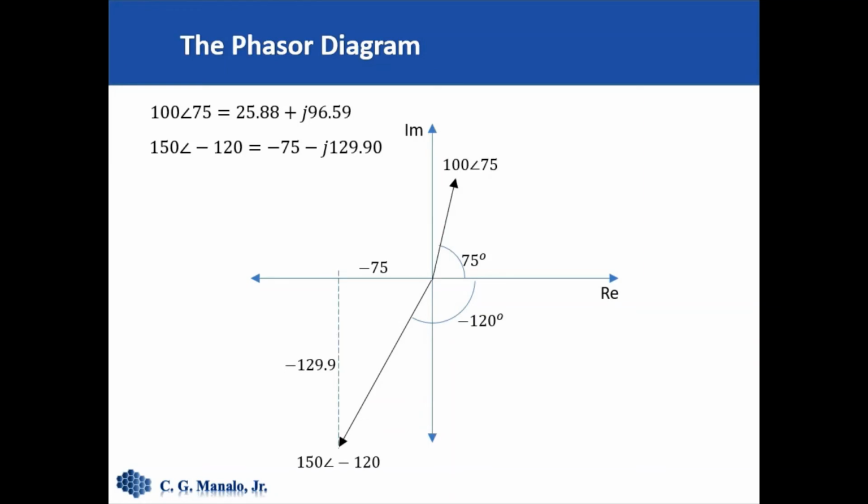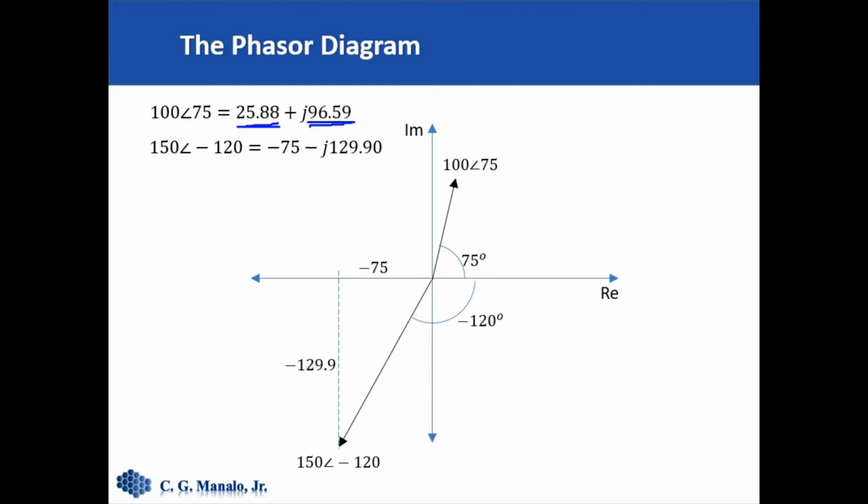Phasor diagram. A phasor can also be pictured by a diagram, considering that the exponential expression has an equivalent rectangular expression, and it is really the sum of a real part and an imaginary part.